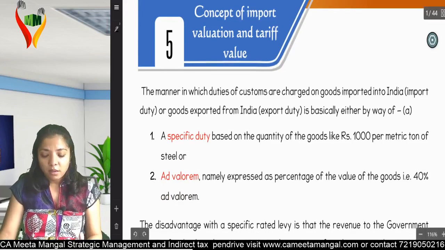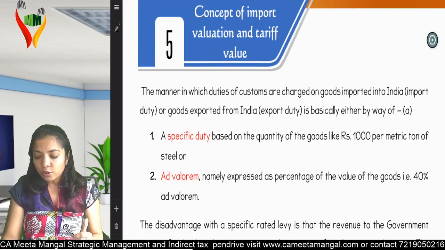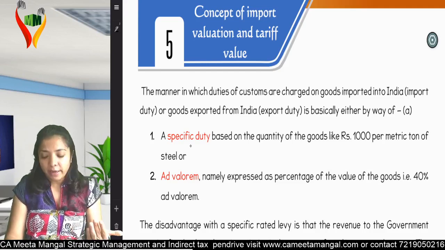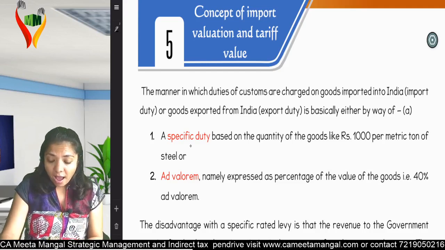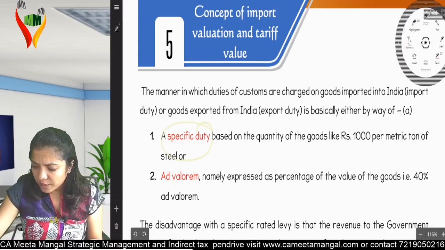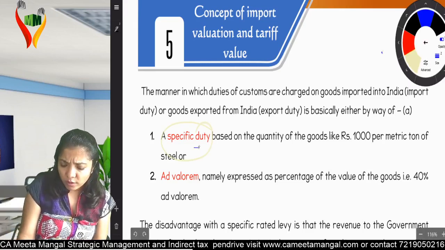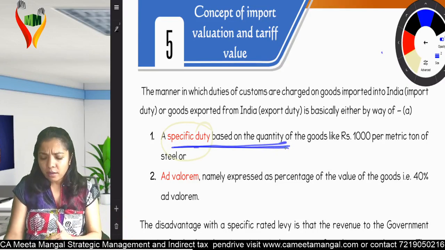The manner in which duty of customs is charged on goods imported into India, that is import duty, or goods exported from India, that means export duty, is basically either way a specific duty. What is specific duty? Specific duty is based on quantity.